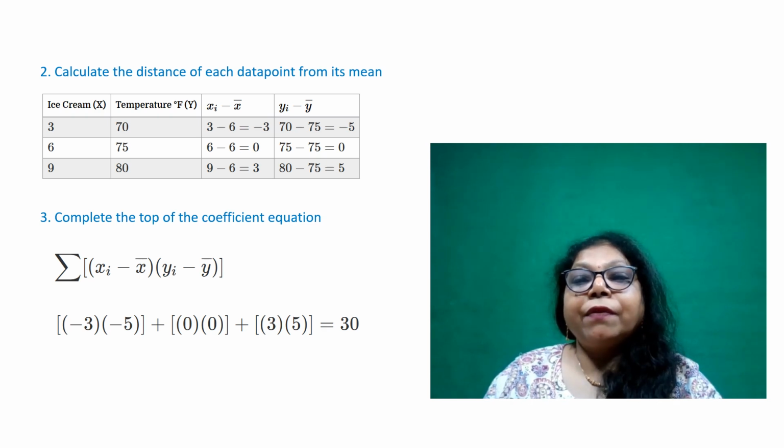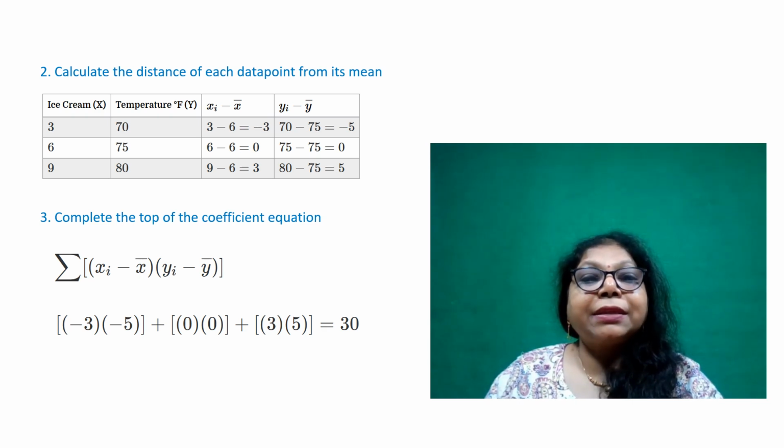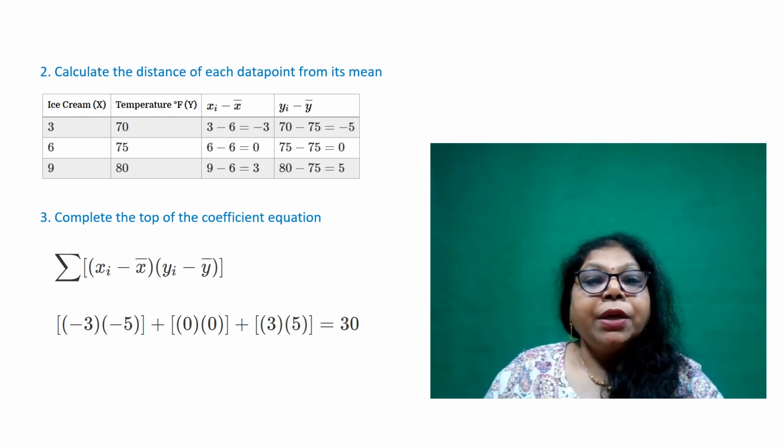The first value of the temperature is 70, and 75 is the mean temperature, so 70 minus 75 gives minus 5. Then 75 minus 75 is 0 and 80 minus 75 is 5. This way we have found the distance of each data point from its mean. Note that this operation sometimes results in a negative number or 0 also.